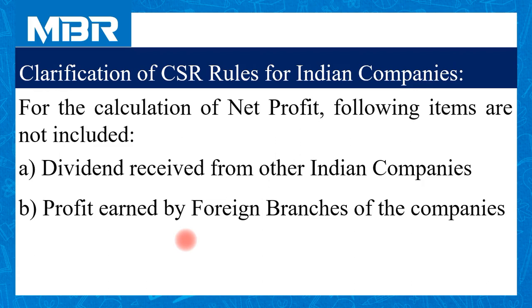But remember, at the time of calculation of net profit for CSR, one must not include profit earned by foreign branches of the companies. We need to consider profit only earned by Indian branches or the head office located in India.